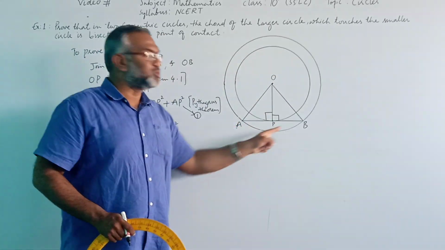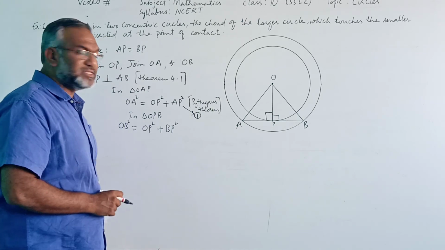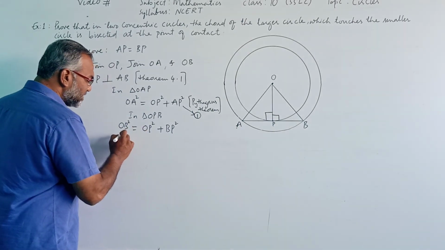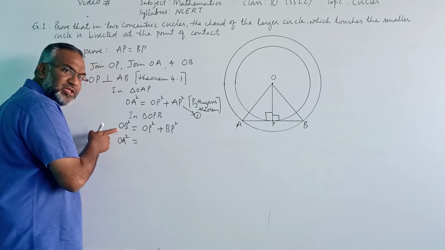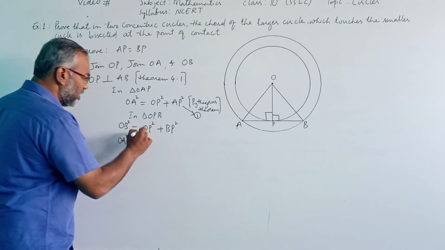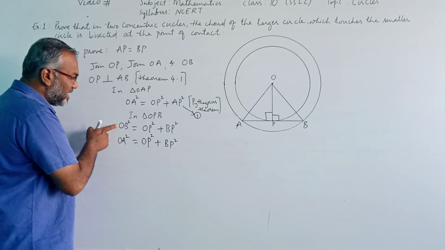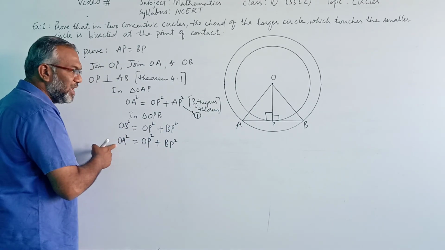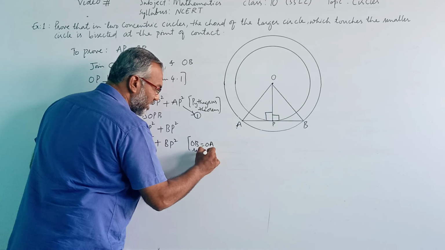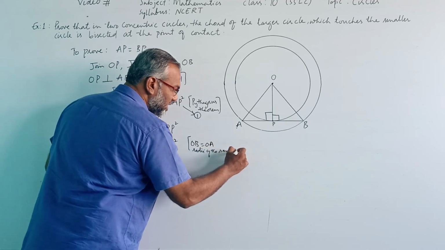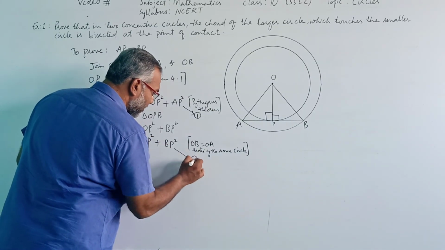OA is a radius of the larger circle and OB is also a radius of the larger circle. So I can replace OB by OA in equation 2. OA square equals OP square plus BP square, and I write the rest as it is. This is equation number 2.